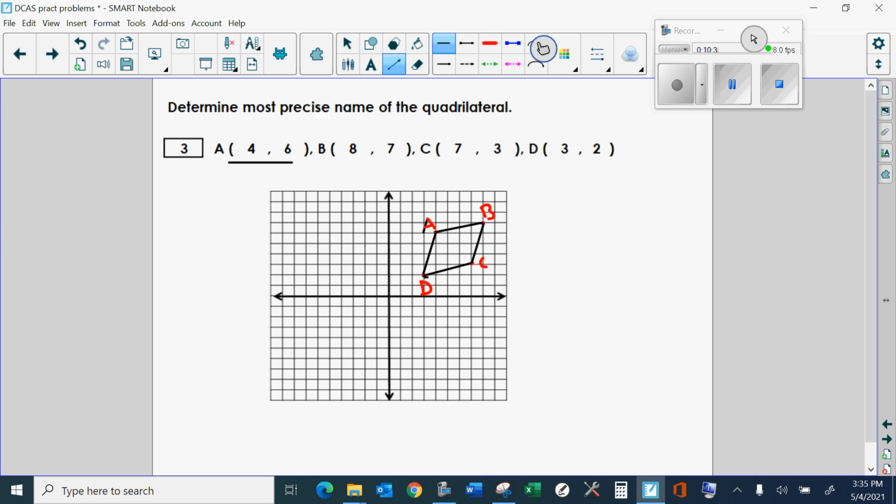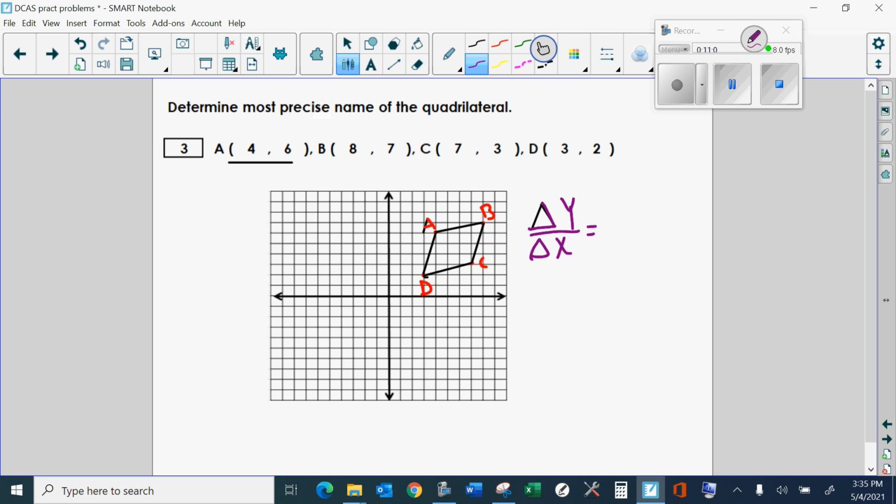Okay, now it looks like that could be a parallelogram, and it could also be a rhombus, because remember rhombus is a particular type of parallelogram. So as a parallelogram, to prove something's a parallelogram, I check the opposite sides and see if they are parallel. Remember, slope is changing y over changing x. You should be able to quickly do this.